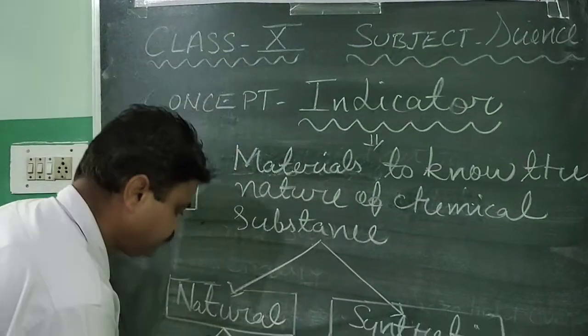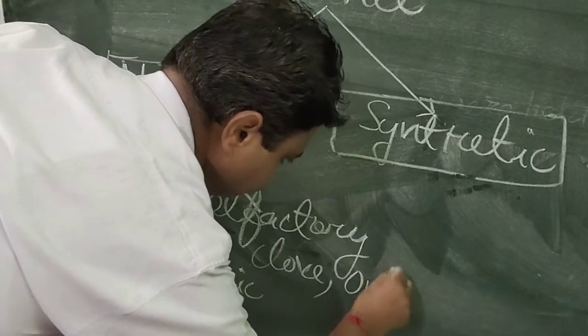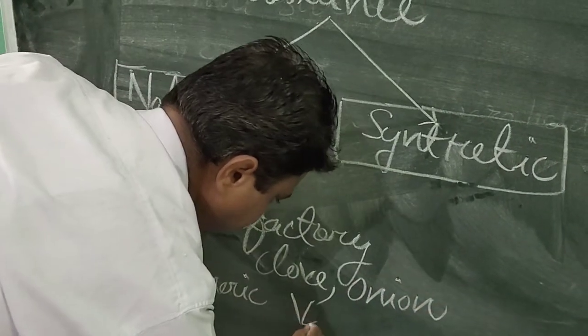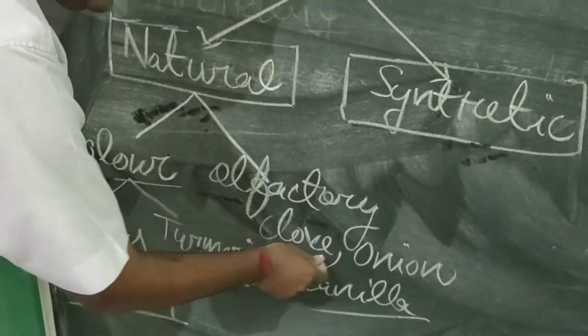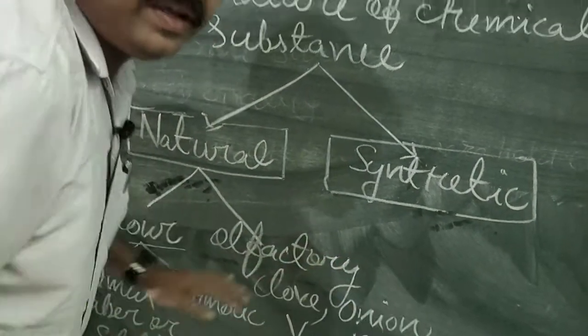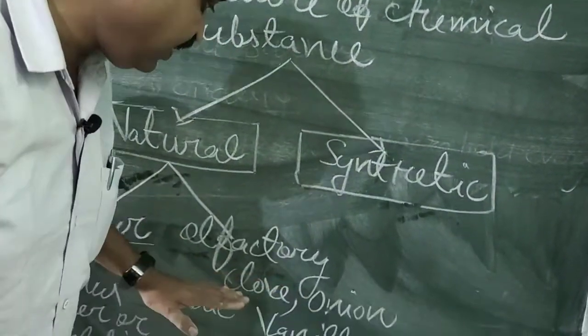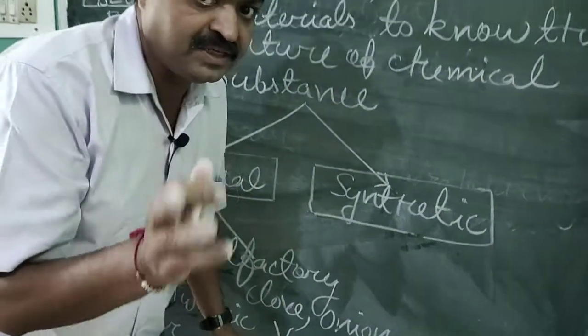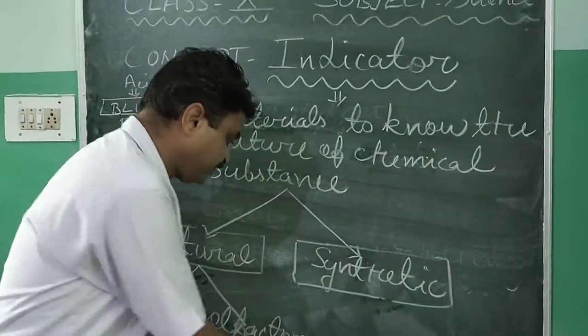They are clove, onion, vanilla. These are the olfactory indicators because they change their smell in the presence of acid or base.